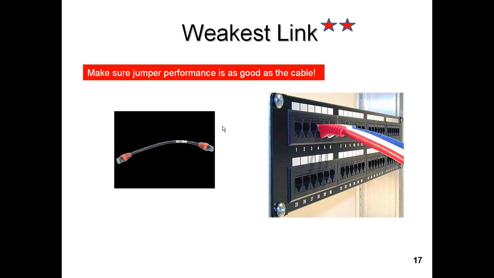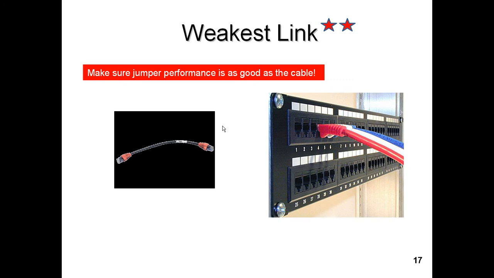And when it does lose its spring, it doesn't click in securely to the device you're plugging it into, the network switch or the camera or the NVR, whatever it is. If you are plugging something in and you don't get that firm click, well, you've got a problem, and the problem is that connector needs to be replaced, because if it doesn't click in firmly, it can fall out or it can wiggle itself free. You don't want that. So make sure you get a firm click when you stick your cable in.